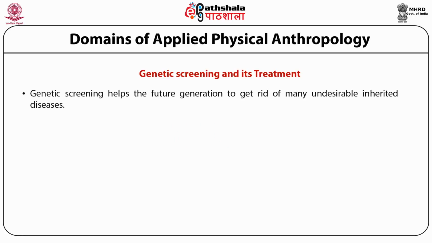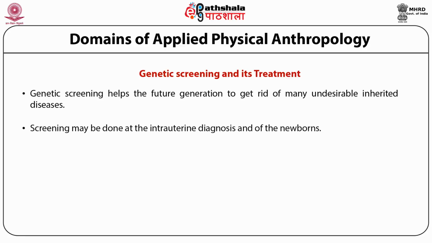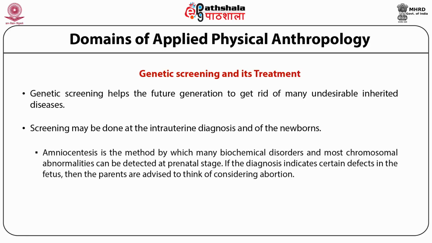Genetic screening helps the future generation to get rid of many undesirable inherited diseases. Screening may be done at the intrauterine diagnosis and of the newborn. Amniocentesis is the method by which many biochemical disorders and most chromosomal abnormalities can be detected at the prenatal stage.